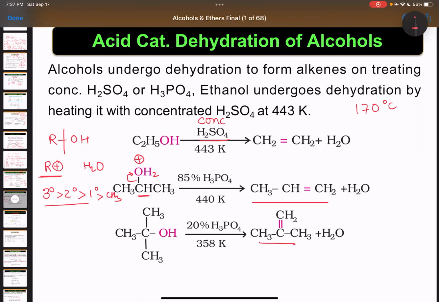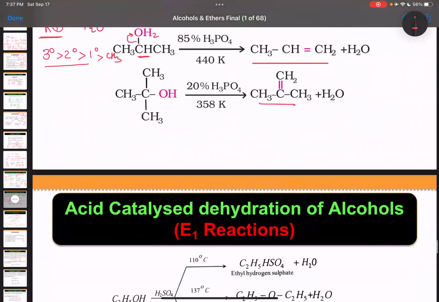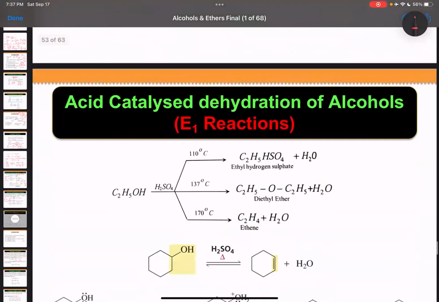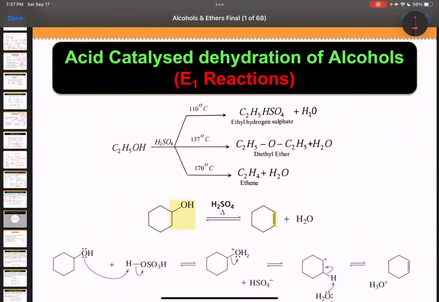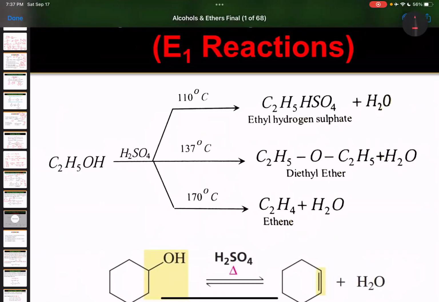But the main RDS, or slowest step, is the formation of the cation. So if you have a more stable cation, the whole reaction is going to occur very quickly. Is it clear? So the main step is the formation of a cation. These are the temperatures which you should know. They are there in your boards also, and they are asked many, many times.